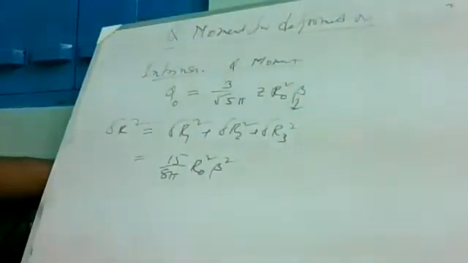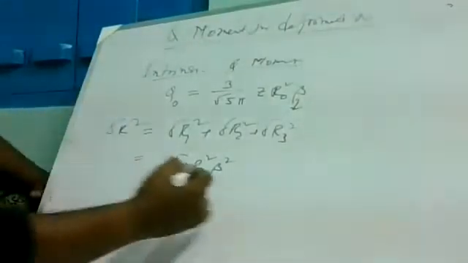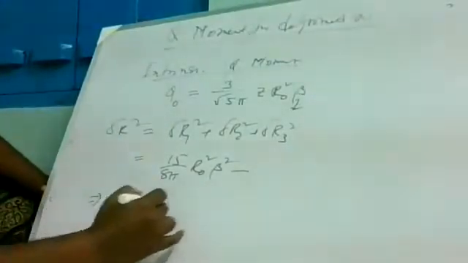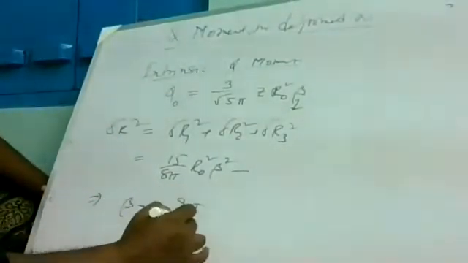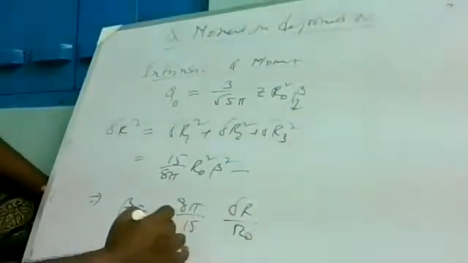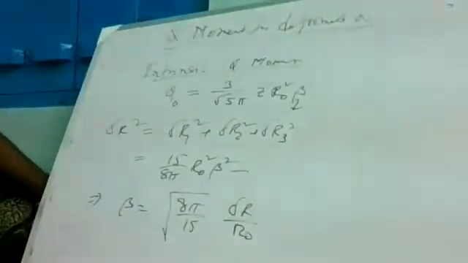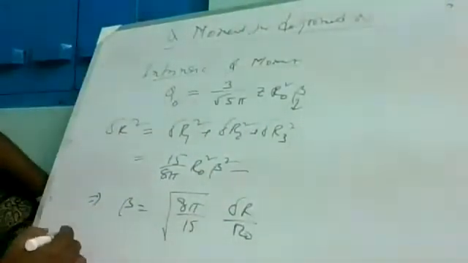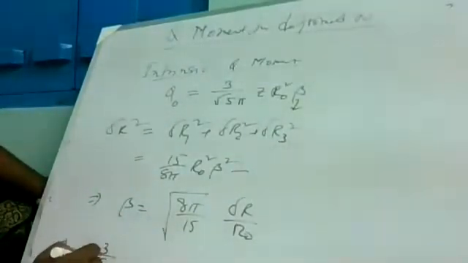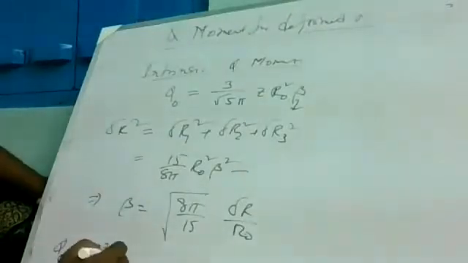From here we can write that beta equals root over 8 pi by 15 into delta r by R0.